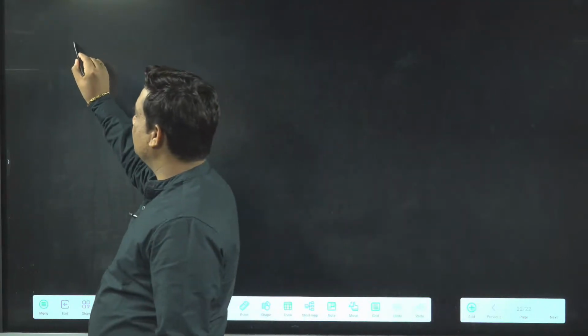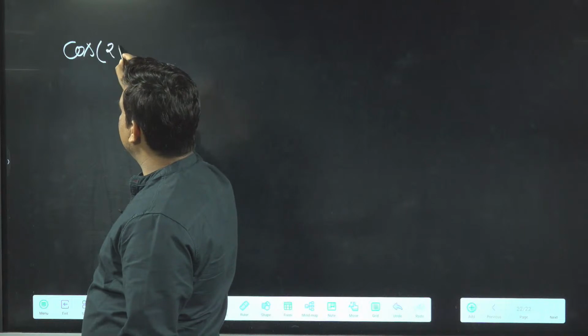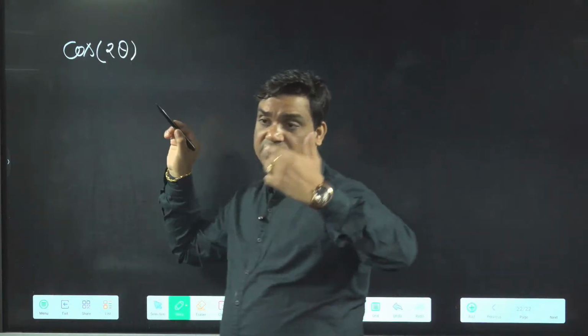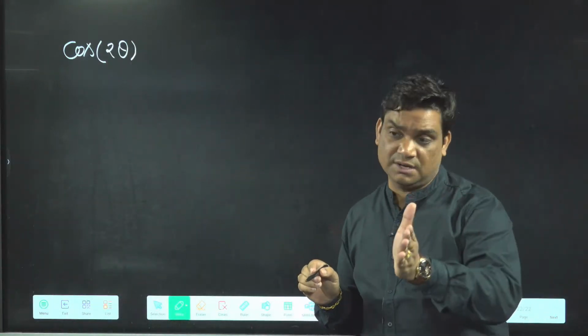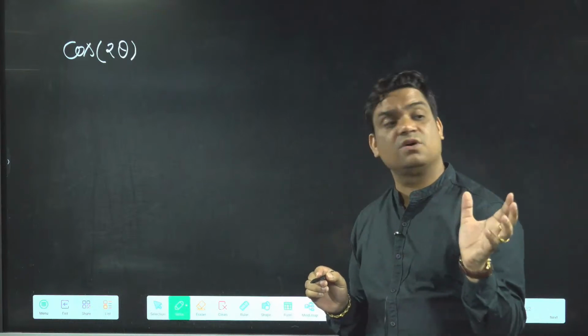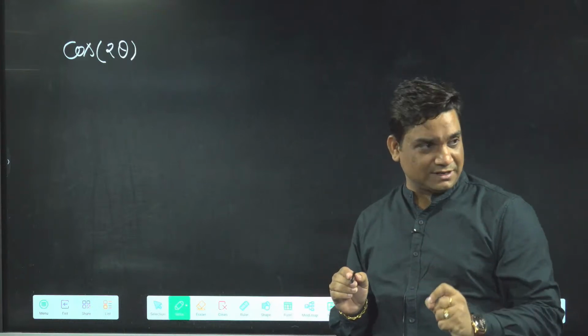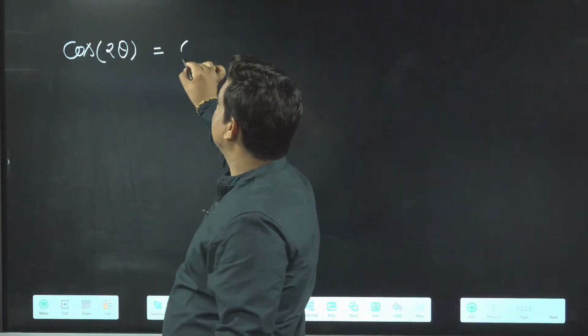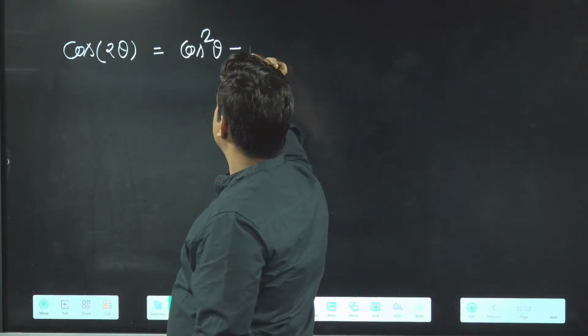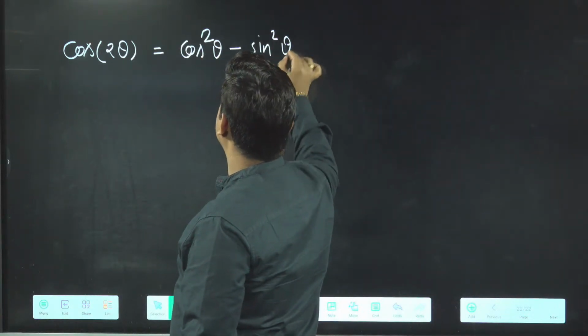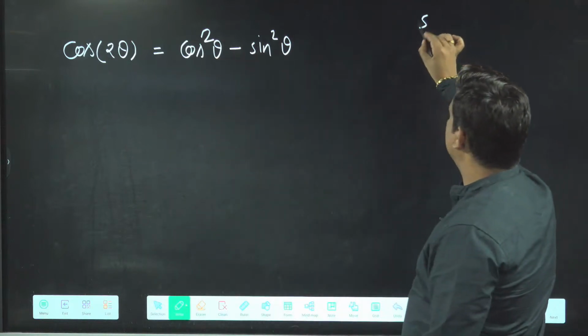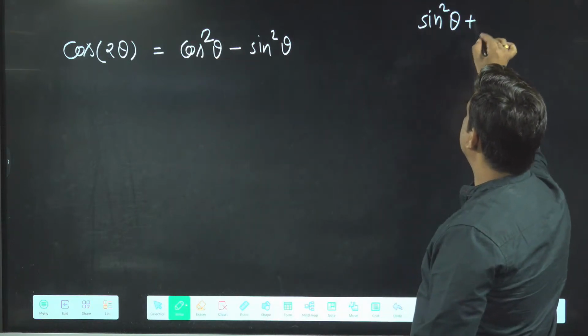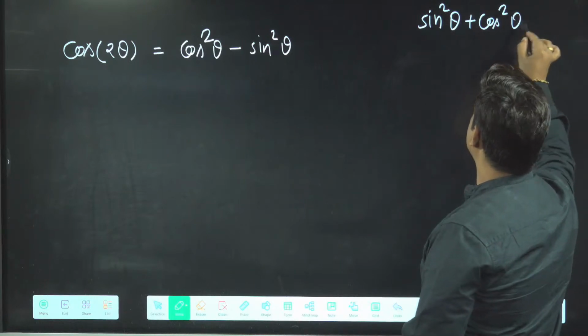So listen, what we can say here is cos 2 theta. In the same way we can write theta plus theta, so cos theta cos theta minus sin theta sin theta. So we can say cos square theta minus sin square theta. If you remember, I have told you that sin square theta plus cos square theta is 1.